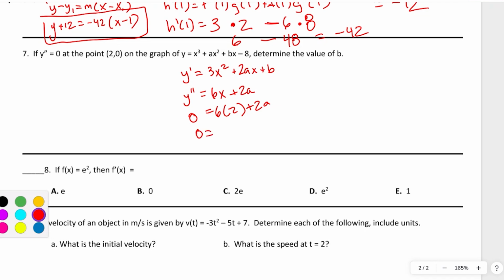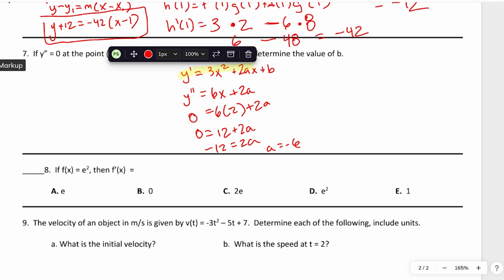So we have 0 equals 12 plus 2a. So negative 12 is equal to 2a. So a is going to be negative 6. So now that we know that a is negative 6, we can plug that in to this equation here.